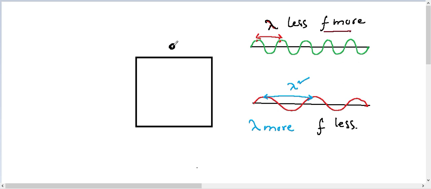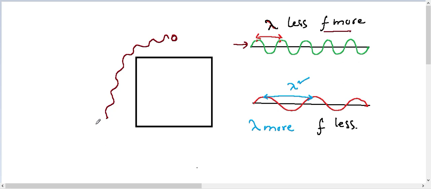So if this is the sounding object over here and it is generating sound, for example, this is a sounding object and it is producing sound. If it is producing sound of less wavelength and more frequency, and the sound is going over here like this, it will be diffracted with a lesser angle, like that.